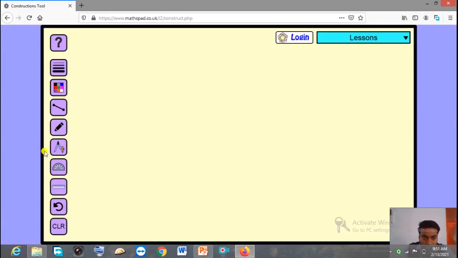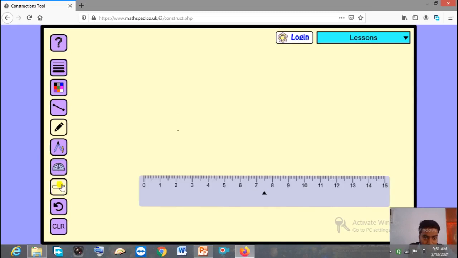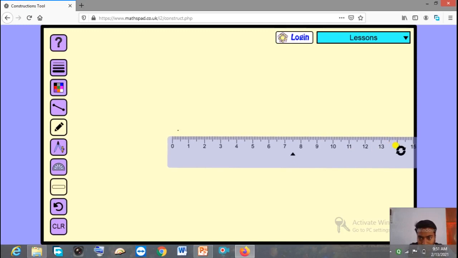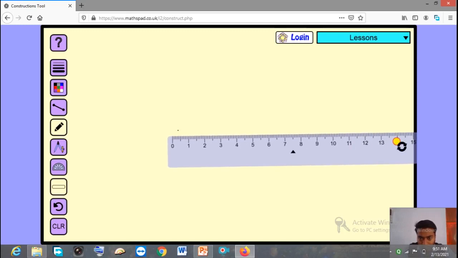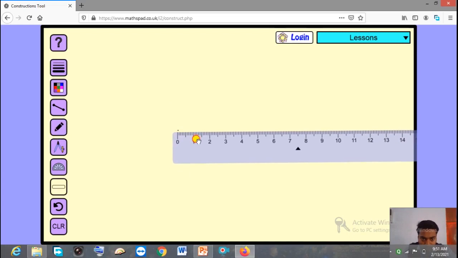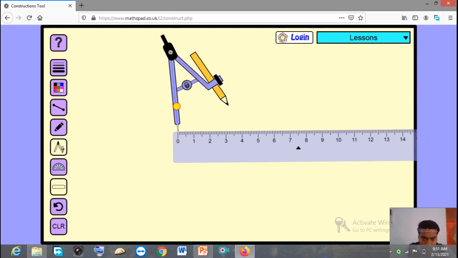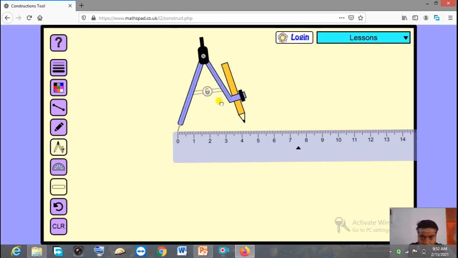First we have to take one fixed point. Then take a scale, then take the compass, fix the metal arm on that particular point, then measure the radius.